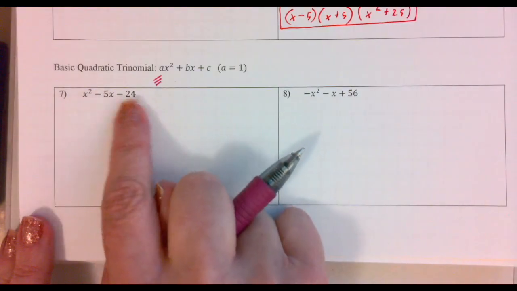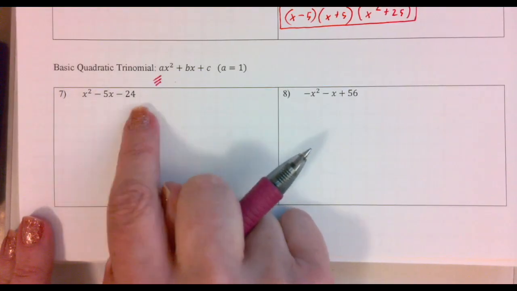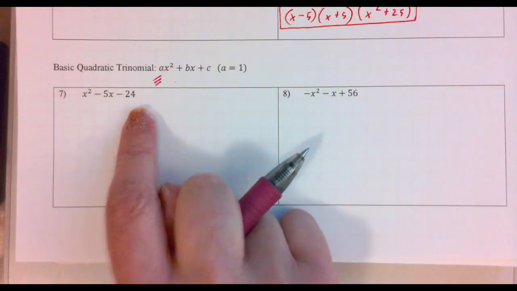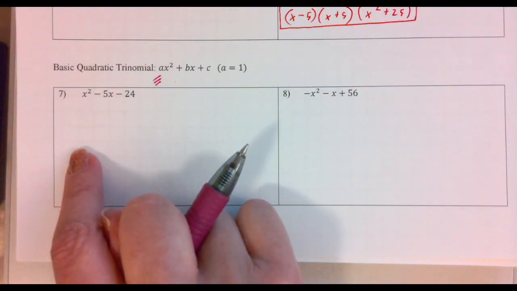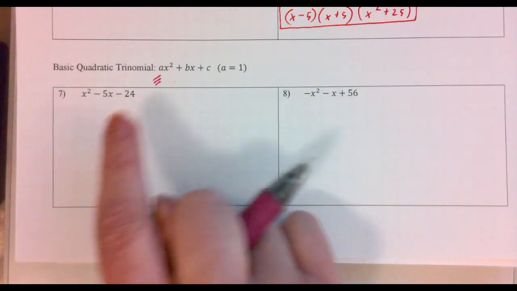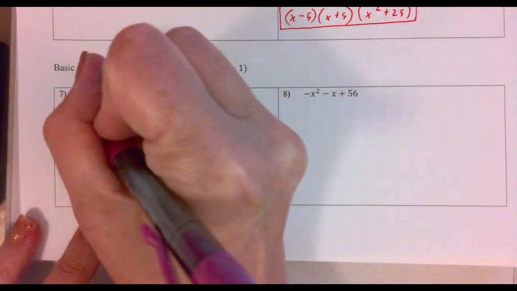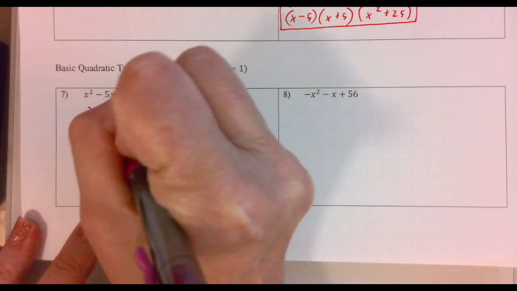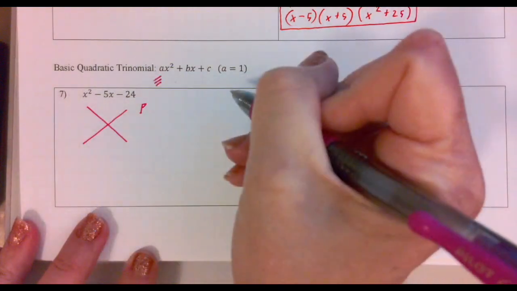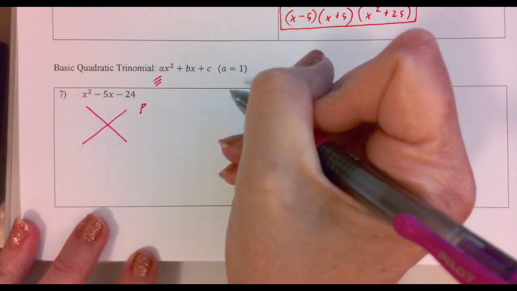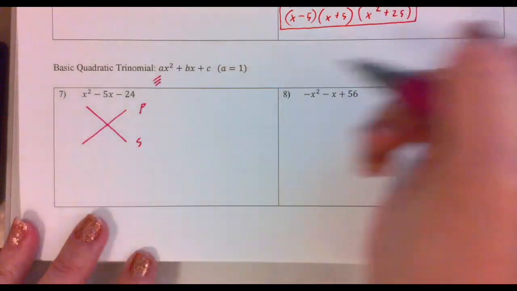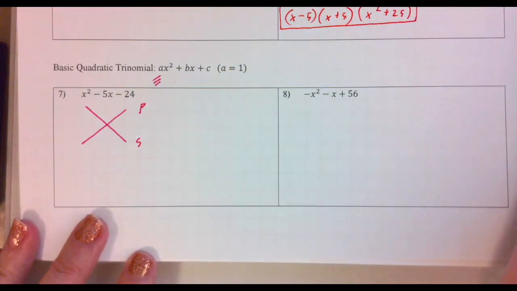All right, so when I look at this first one, in my head, what I'm thinking, guess and check, is, well, gosh, what multiplies to a negative 24 that adds to a negative 5? Now, some of you are visual, and you like to see it. So I usually draw out a little cross where P is my product, what do I multiply to, and S is my sum, what do I add to.